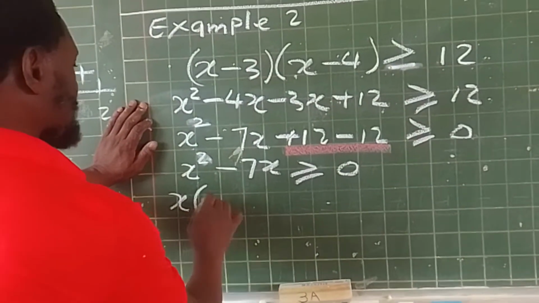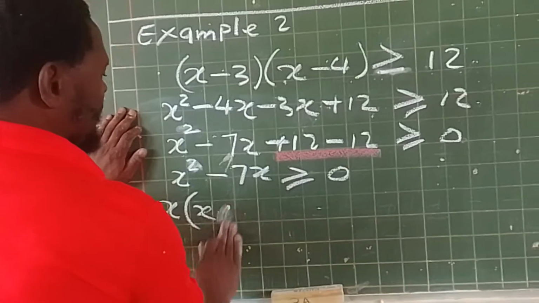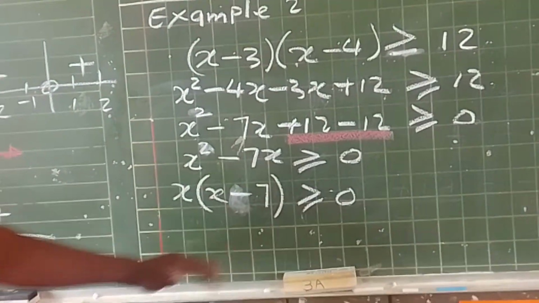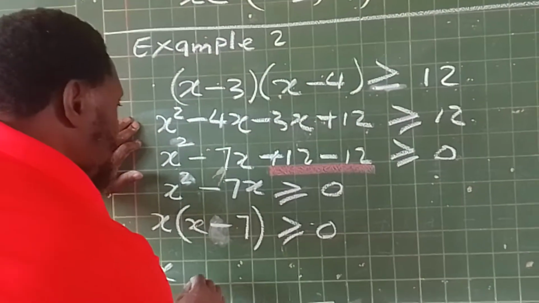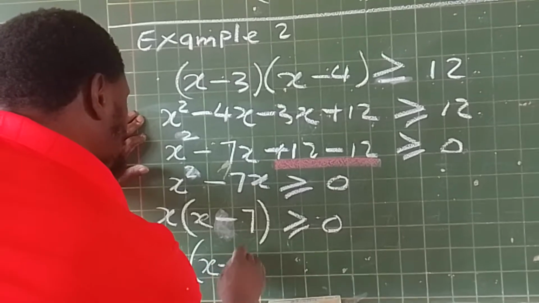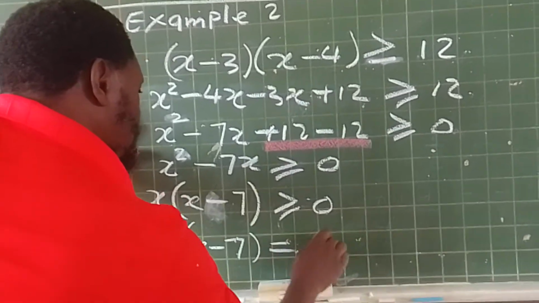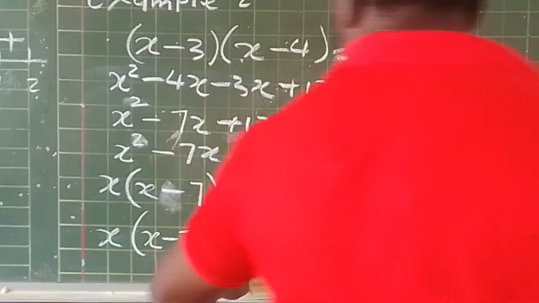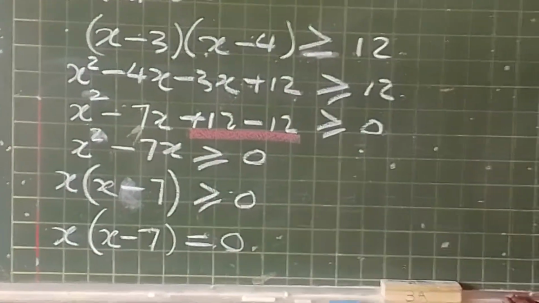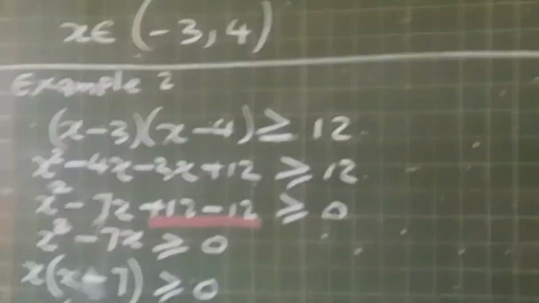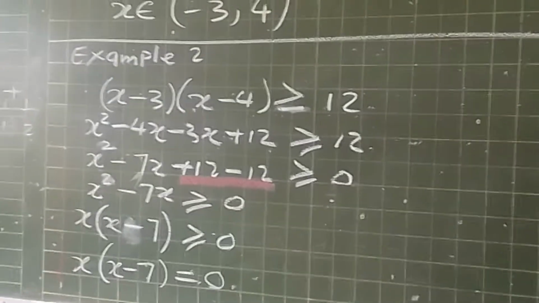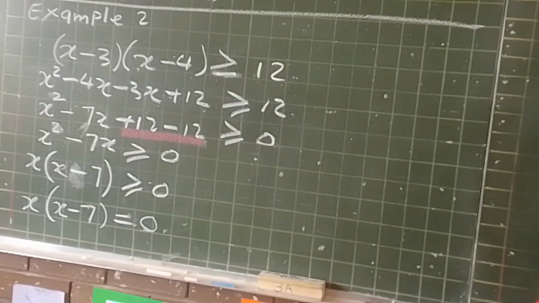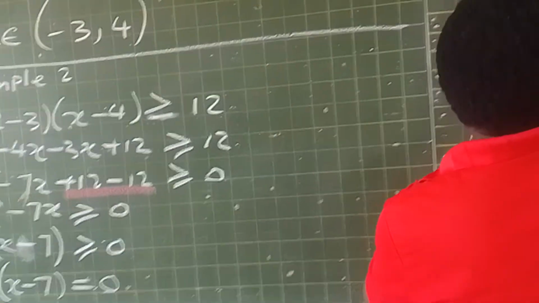Take a common factor x, you are left with x minus 7 greater or equals to 0. Now we have two factors. We have x into x minus 7 is equal to 0. Now we start dropping this. We're using the equal sign. Coming forward, we have x is equals to 0 or x is equals to 7.